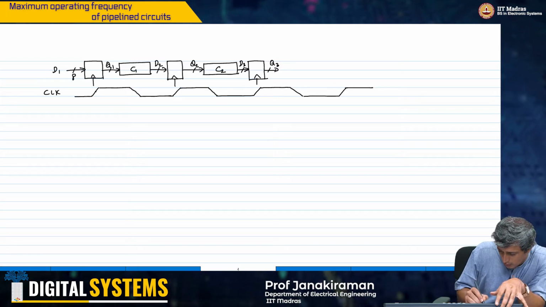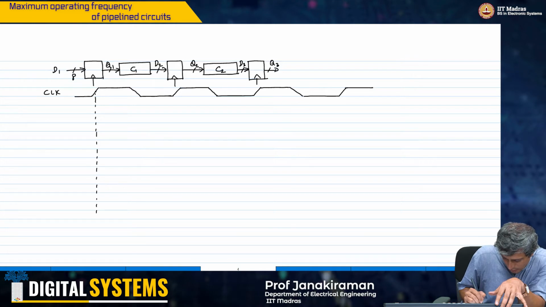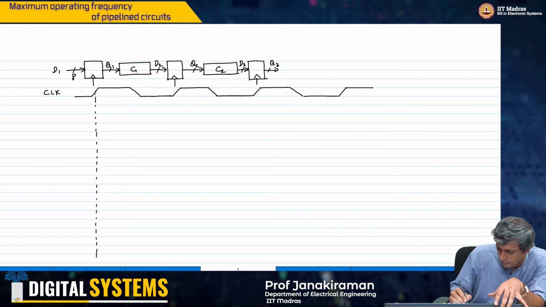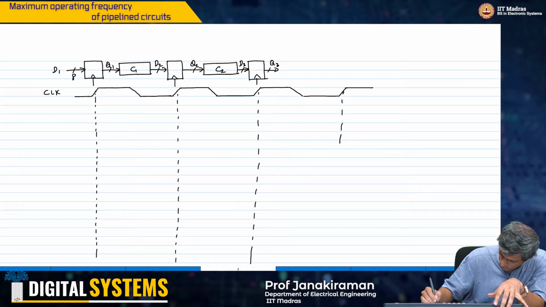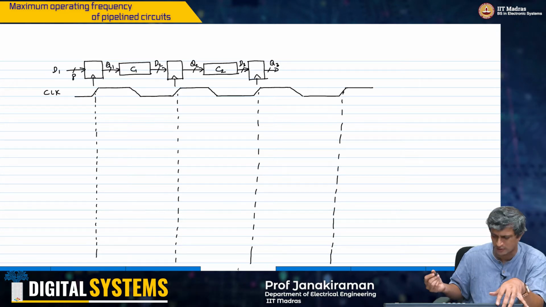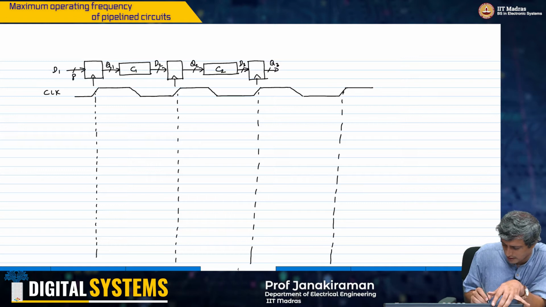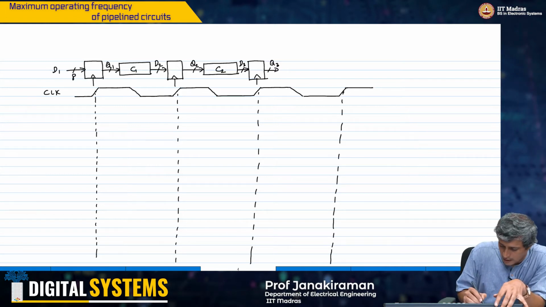Obviously when I say it's a D flip-flop, I mean it's a positive edge triggered D flip-flop. So maybe we'll consider even the delay of these flops straight away. I think that makes it easy. So this is my sampling edge, by the way.